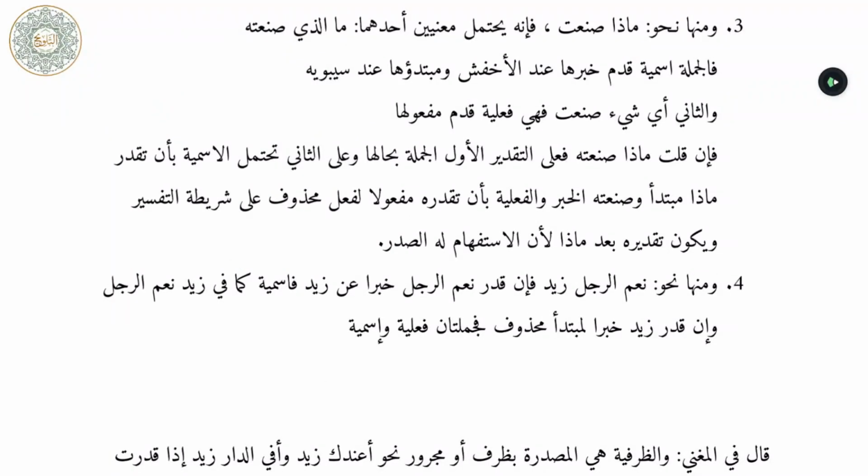Then you have the like of ماذا صنعت. What have you done? ماذا صنعت. This can be reinterpreted as ما الذي صنعته. Now, in this case, if you reinterpret ماذا صنعت as ما الذي صنعته, what is the ma becoming over here? In ما الذي صنعته, what have you done?